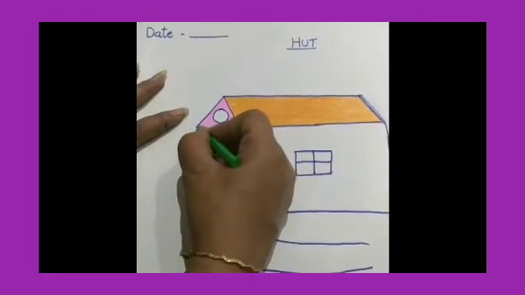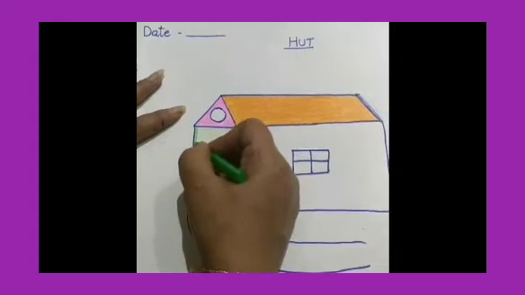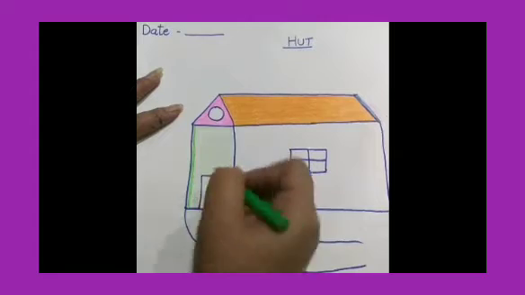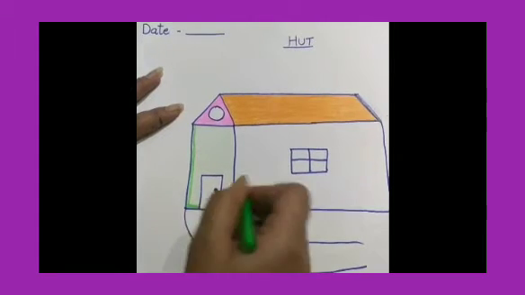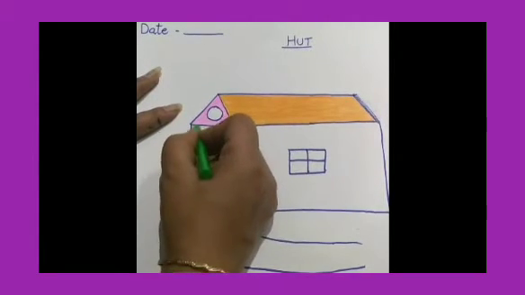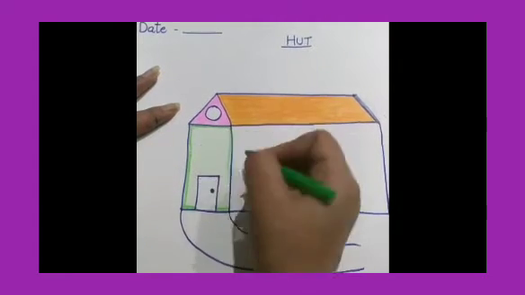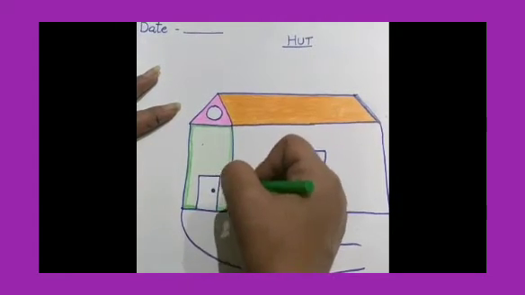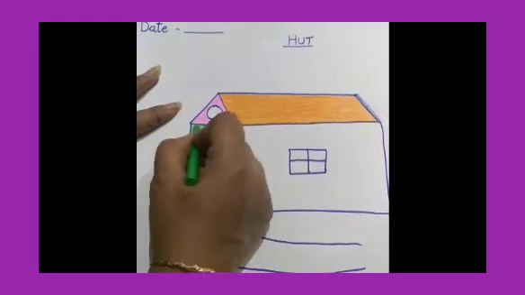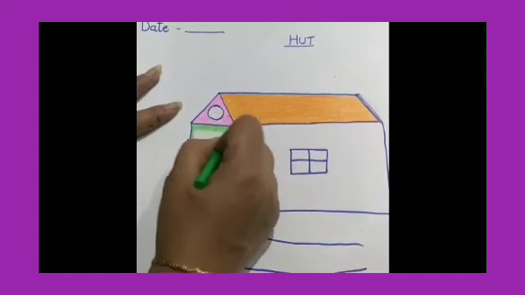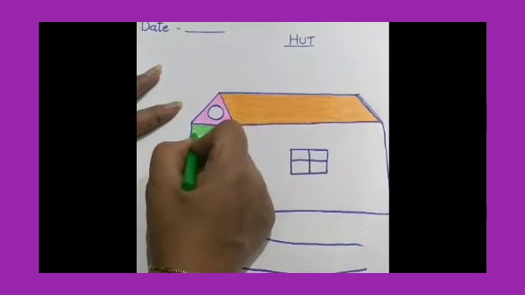Let's do the outlining of this rectangle before coloring it completely. So do the outlining neatly. Now use slipping lines for the filling part.